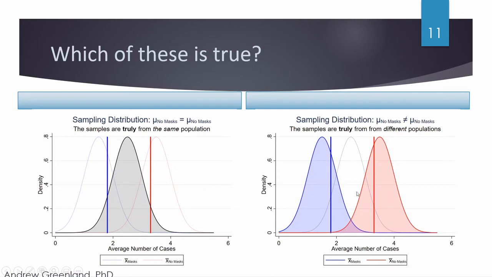In this case, the fact that these are two distinct values is representative of the fact that they are from different distributions themselves. The mean exposure for people who do not wear masks is different from the mean exposure for people in populations where everyone is wearing a mask. Okay, these are two different possibilities and encompass a null and an alternate hypothesis. That is, in one situation, we're saying both groups come from the same population or they have the same average.